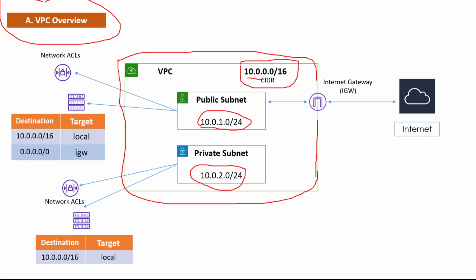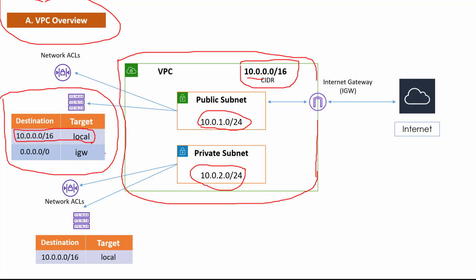Why do we call this a public subnet and this a private subnet? It's because of the routing table attached to the subnet. For the public subnet, we have this routing table. Why do we call it a public subnet? Because in the routing table, the first route is defined to local, because it's within the VPC. So every resource or EC2 instance within this VPC can communicate with each other. There are no restrictions, because each and every subnet has a rule defined with this route.